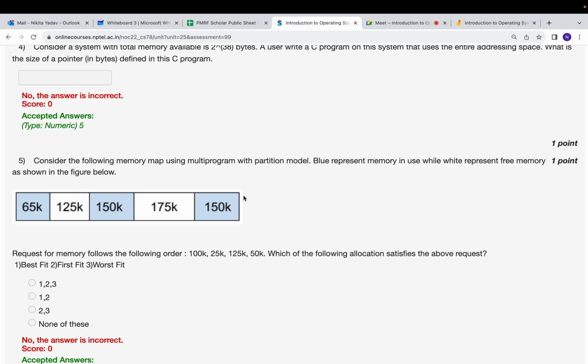Which of the following allocations satisfies the above requests: best fit, first fit, or worst fit? These are the allocation strategies, and you have to tell which of them will be able to satisfy these memory requests.